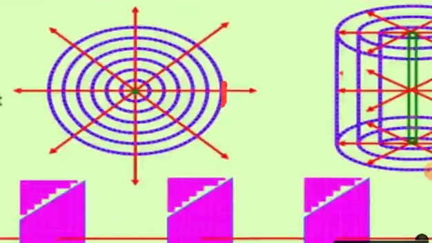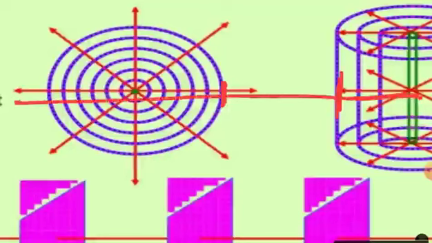If you take a small portion of this cylindrical surface also, it will be almost flat. If this radius is very far away, the cylindrical surface will be almost a plane like this.